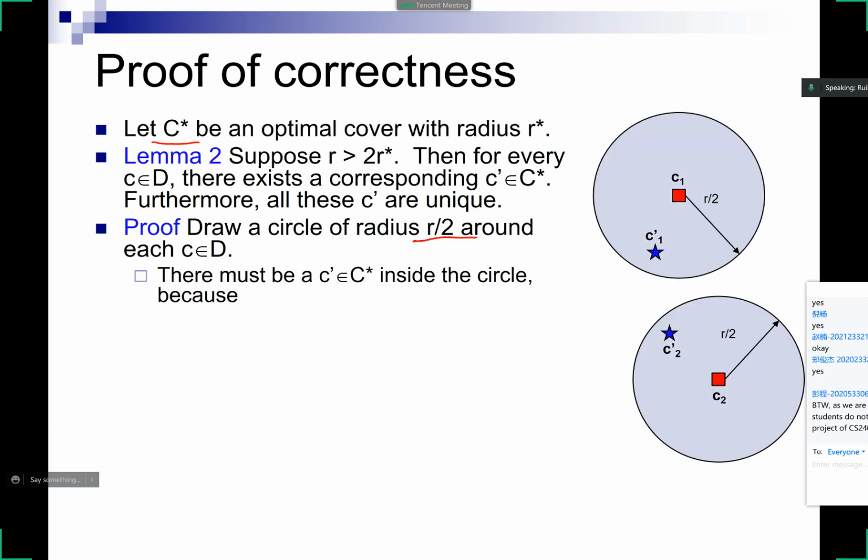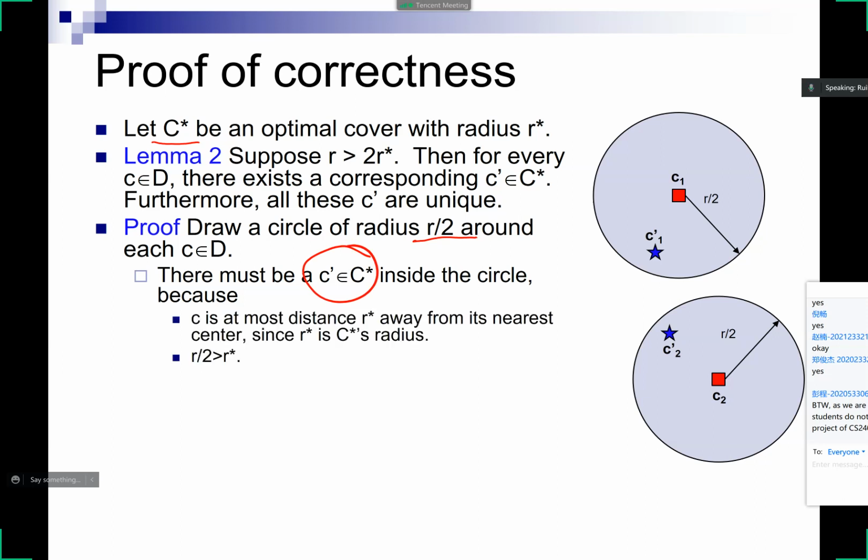And now there has to be an optimal center. There has to be some C star in each of these circles, because C can be at most distance r star away from its nearest optimal center.